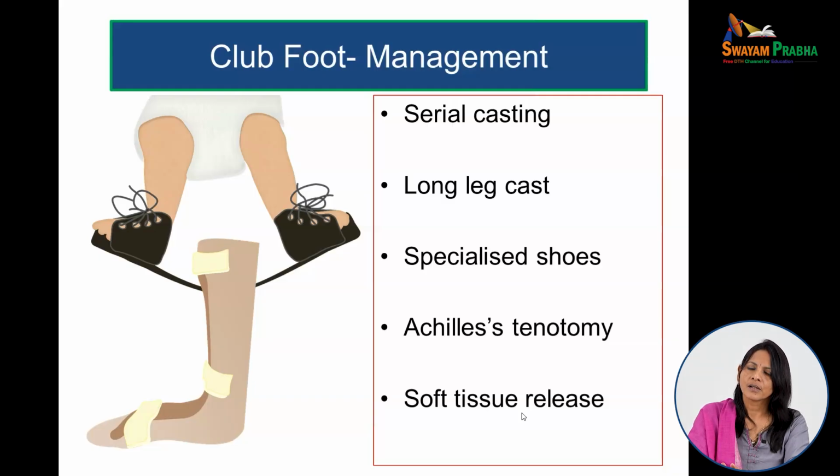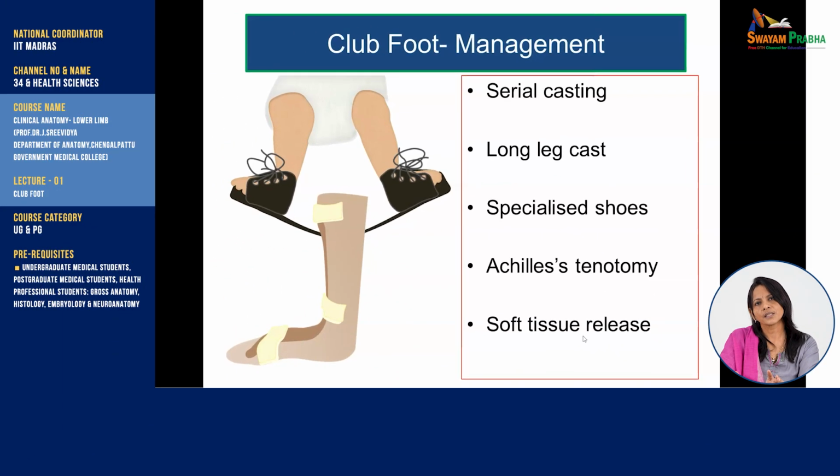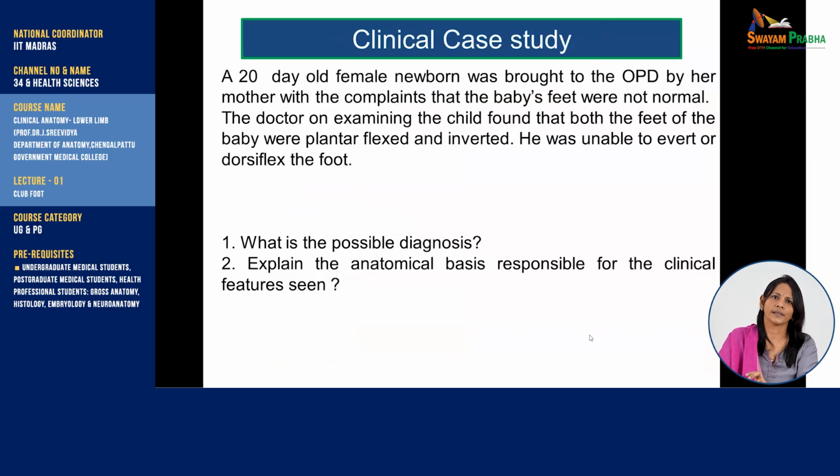If not, the surgeon has an option of releasing the contractures to help the positioning of the foot bones back to normal, of course, supported by the casting again. So these are just like what are the causes, you attack the cause, you get the treatment. This is what I want the MBBS students to learn.